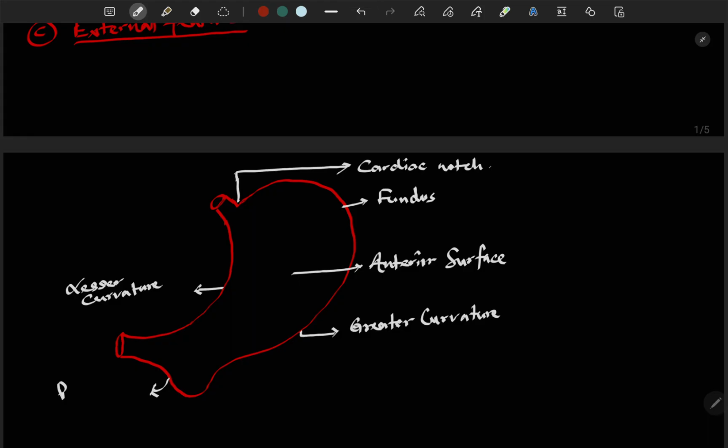This is the pyloric antrum. This is the angular notch.